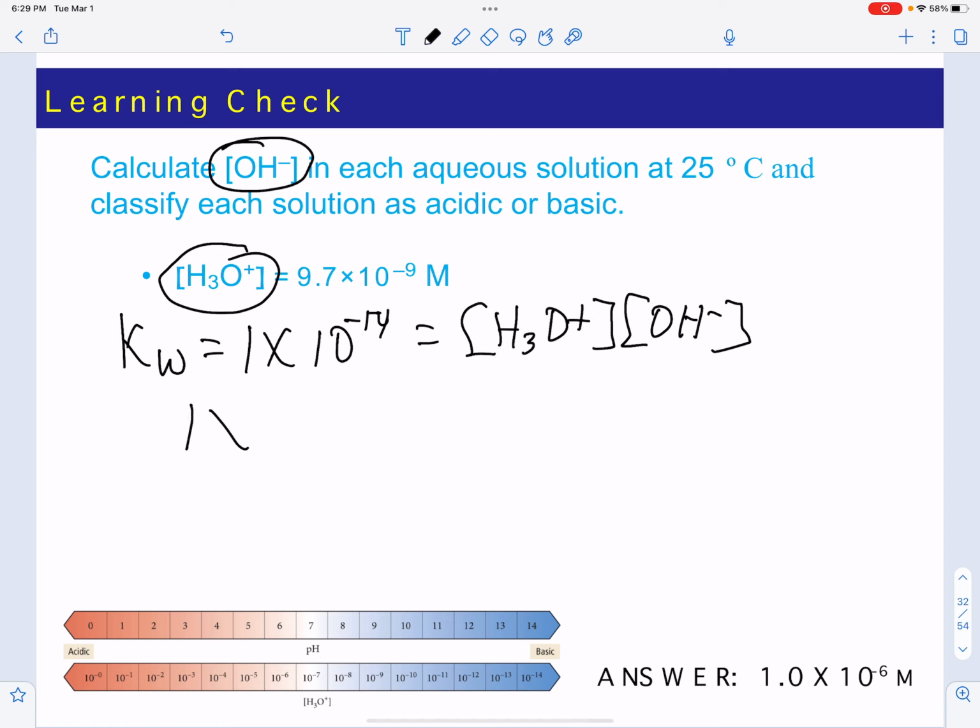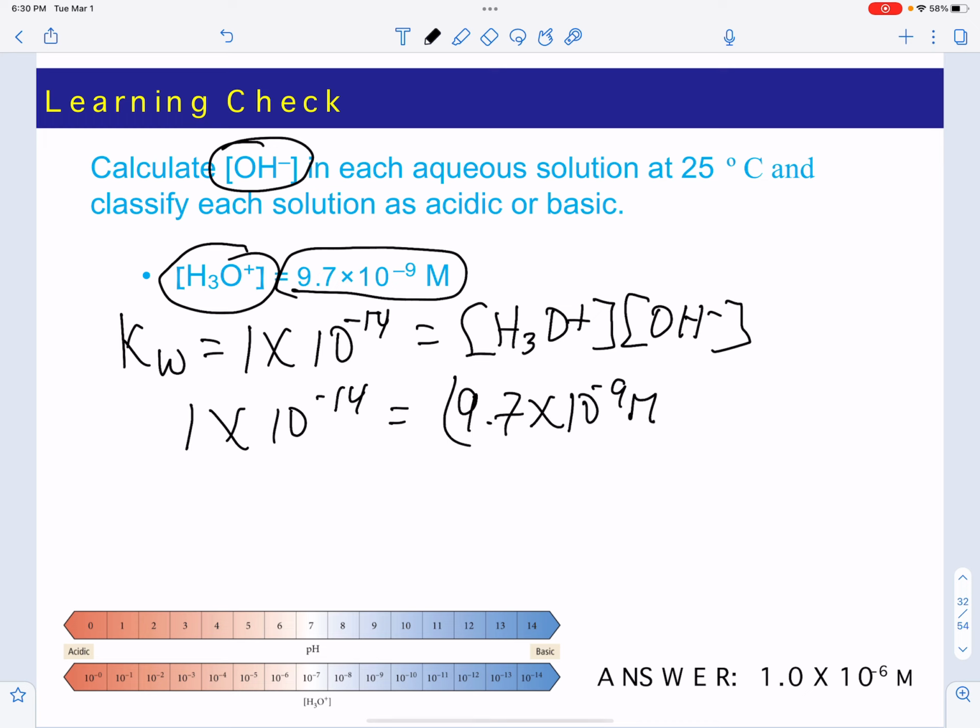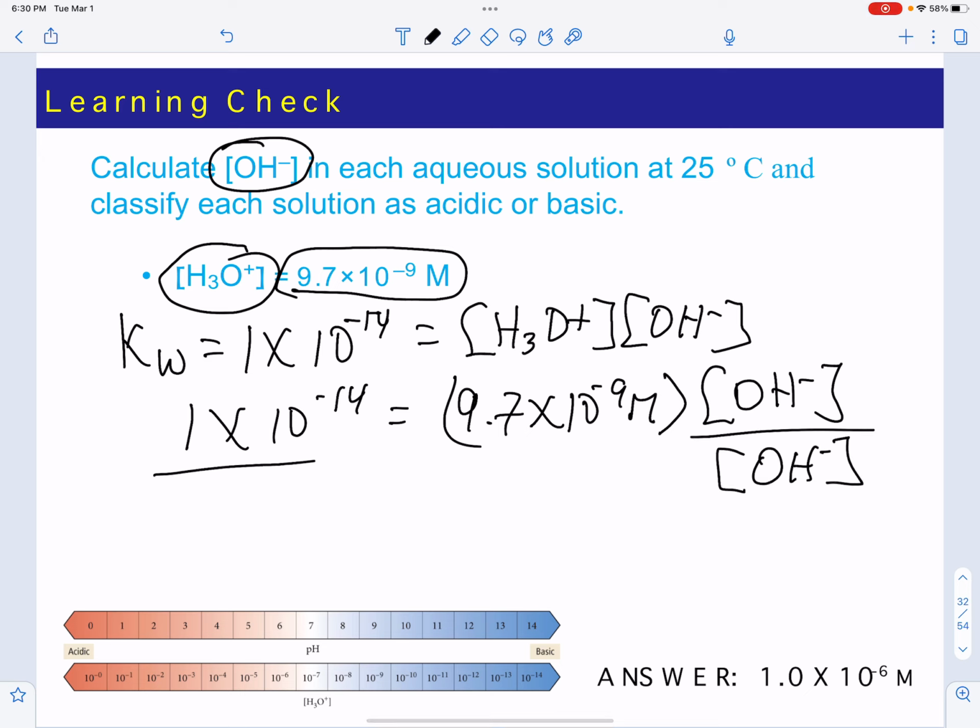Since we know that 1 times 10 to the minus 14 equals the concentration given for hydronium, 9.7 times 10 to the minus 9 molar, multiplied by the concentration of hydroxide, then all we have to do is use a simple math operation, get rid of the hydroxide on the right side by doing the same on the left side.